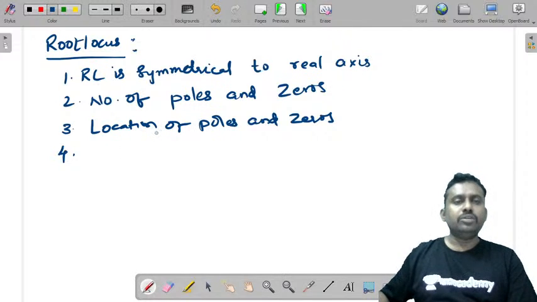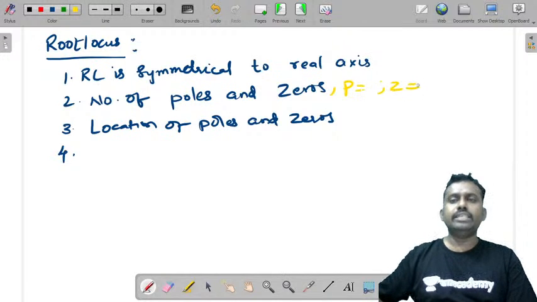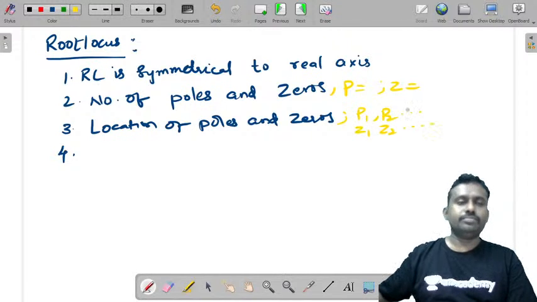So we are looking at the location of poles and zeros, and the third step was finding them. In number of poles and zeros, we'll call them P is equal to and Z is equal to, and location we named it as P1, P2 and so on, and Z1, Z2 and so on.